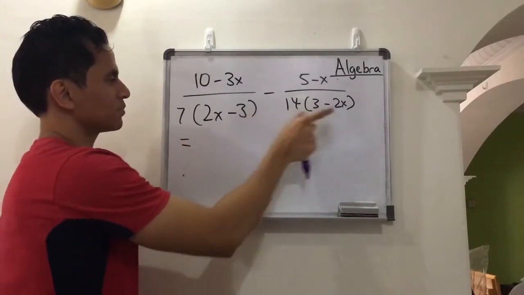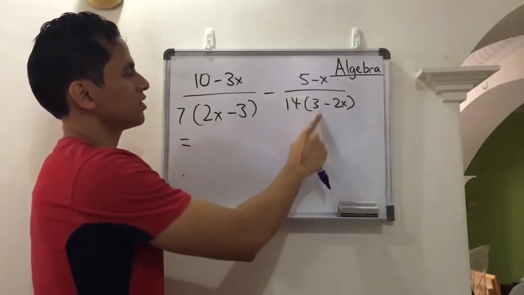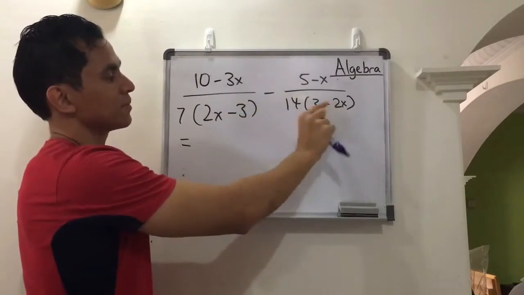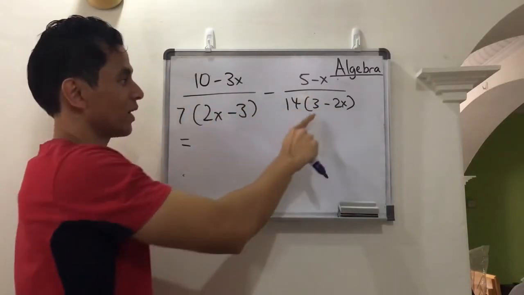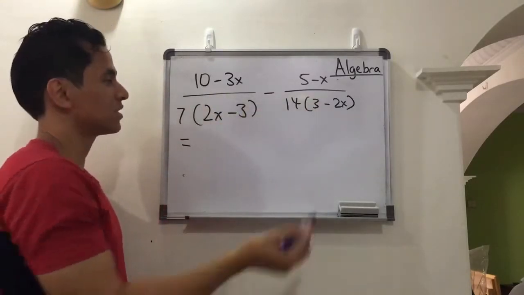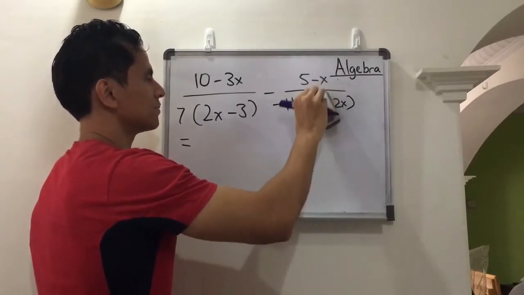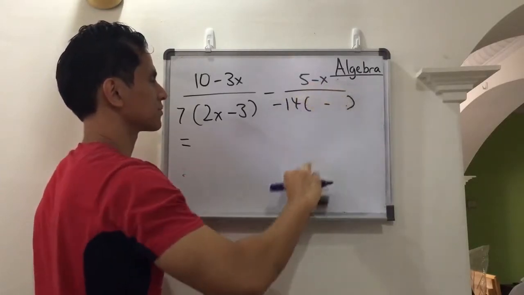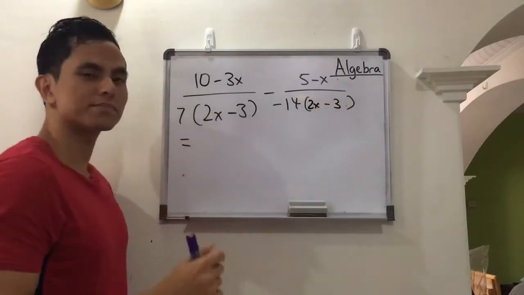We should really focus on this part here, right? So 2x and 3, and 3 and 2x. We can always flip this, if you recall the previous example, that's what we did, right? So let's go ahead and flip this. I'll factorize out a -1. So I will just put this as -14, and I will flip the positions, 2x minus 3. Okay.